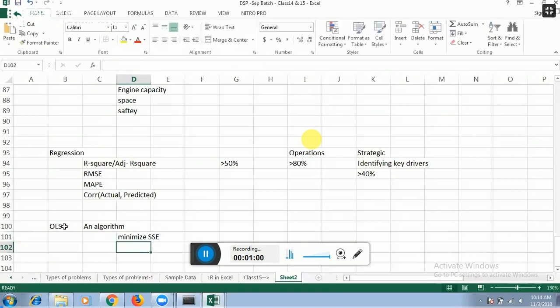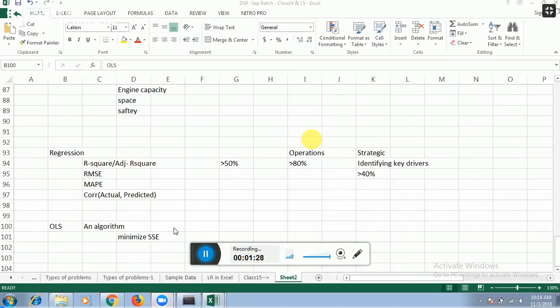So whichever values give you the minimum value for beta and constant will be your best values of beta and constant. Since we are using the sum of squares of error as the objective function or cost function, this technique we call ordinary least square regression.